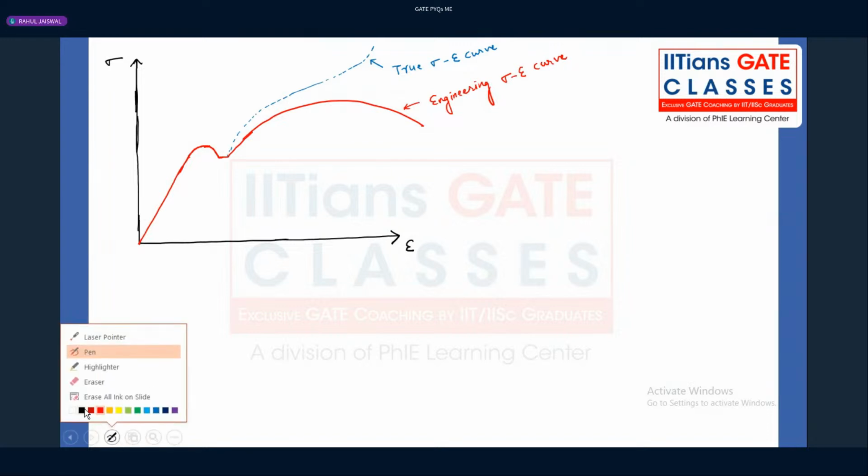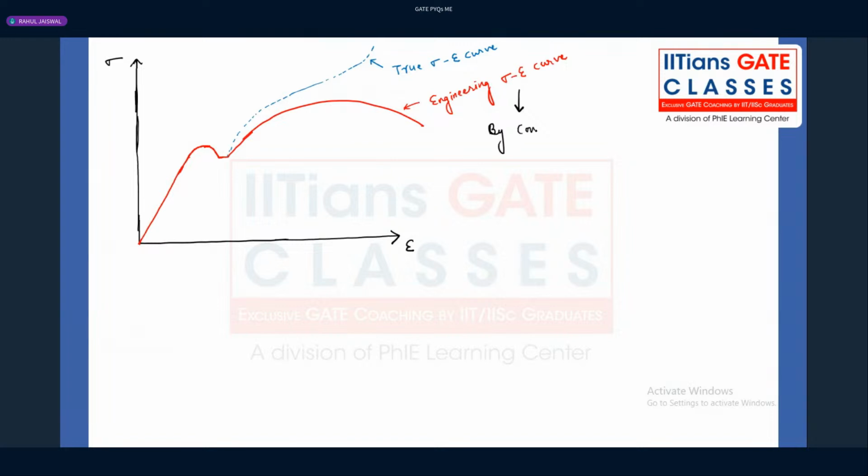The engineering stress versus strain diagram is plotted by taking the original cross-sectional area, by which we have calculated each and every stress value and strain value. The true stress versus strain diagram is drawn by considering the instantaneous area.